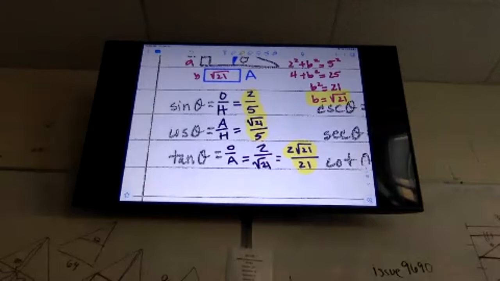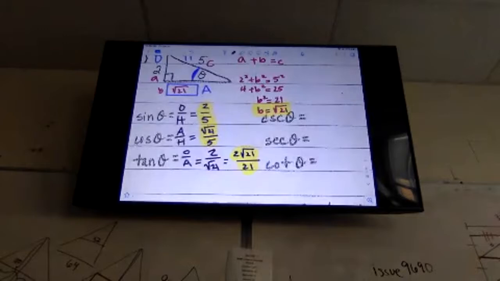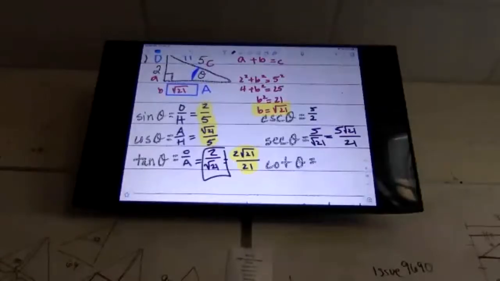Now, all of them are just reversed. They're all flipped. They're all reciprocals for the next one. So I'm just going to look at my sine, and cosecant is just going to be 5 over 2. Secant is going to be 5 over root 21, which I will rationalize just to make it look pretty. And then cotangent, it's actually kind of nice to write it not rationalized before I rationalize it because it's going to be easy to flip.